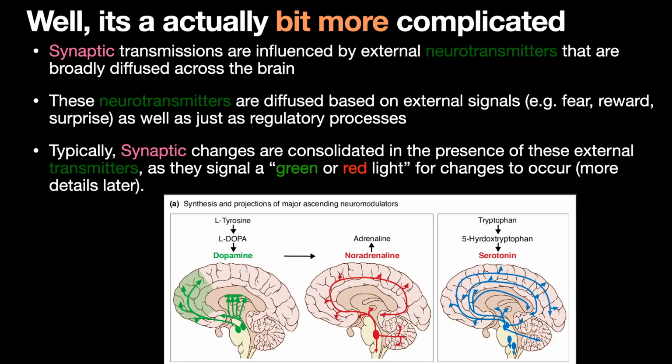And these neurotransmitters can be based on really a lot of different things. So for example, just an intuitive example, let's say you're walking down the street in a very weird way that you've never walked before. You're just walking funny, and then somebody jumps out and surprises you. A very random occurrence, right?